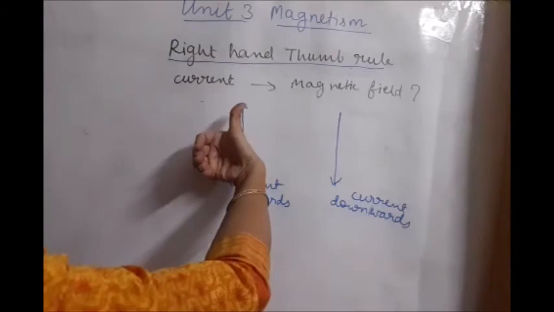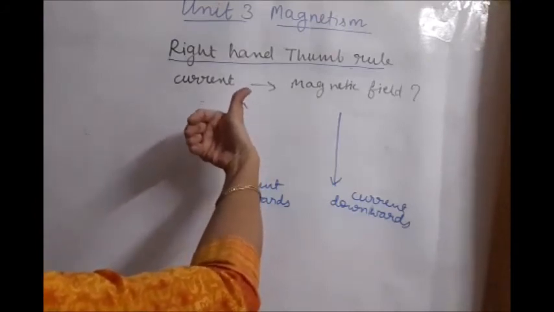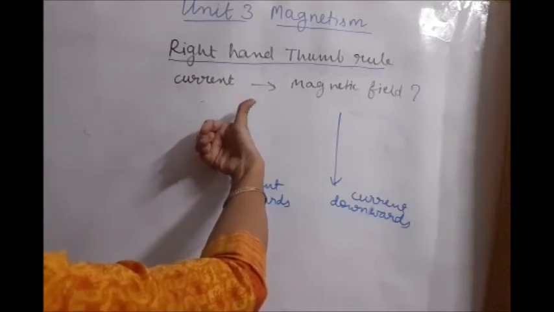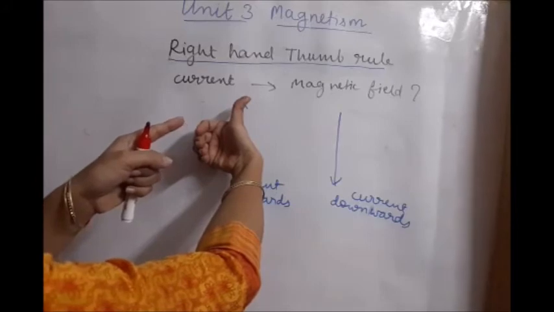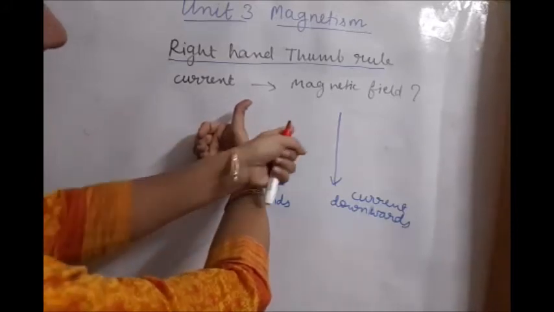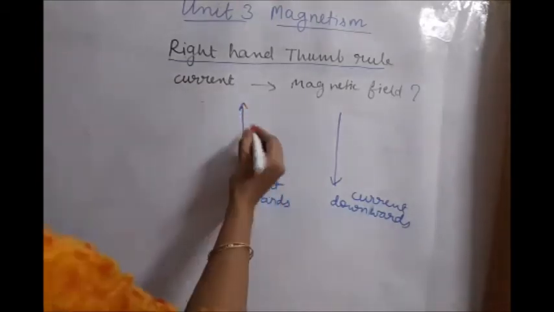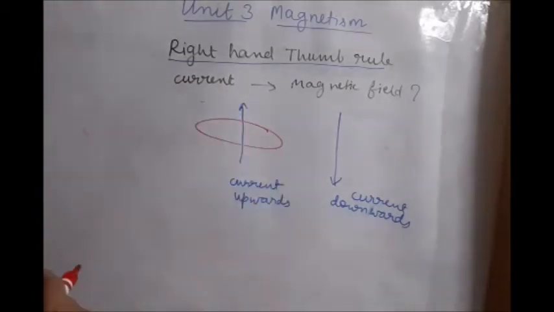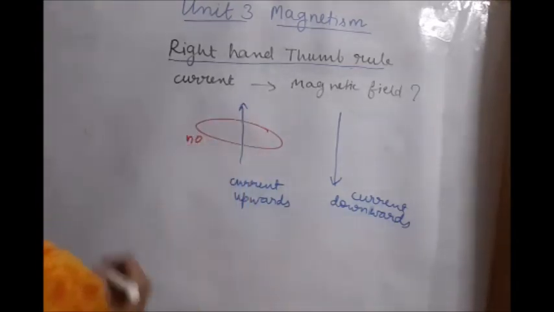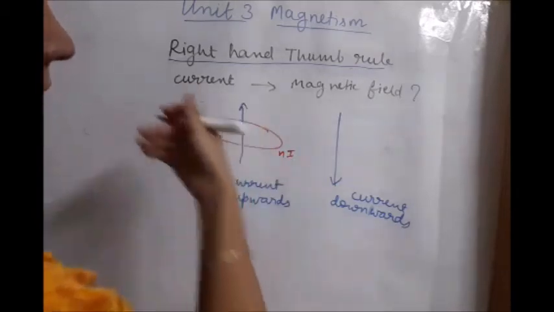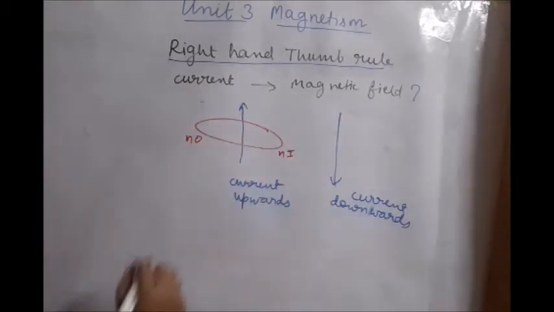We hold it using the right hand. Now the fingers are the magnetic field. At this point the fingers are coming out and then they will curl, and on this side the fingers will go normally in. So this is the circular magnetic field. Here the fingers were coming normally out and here the fingers were curling in.